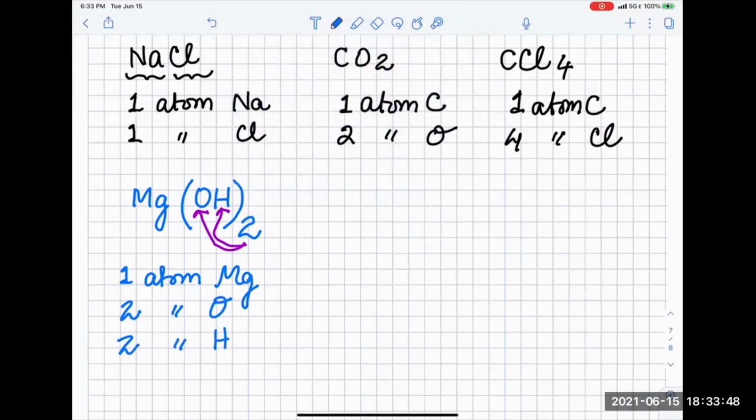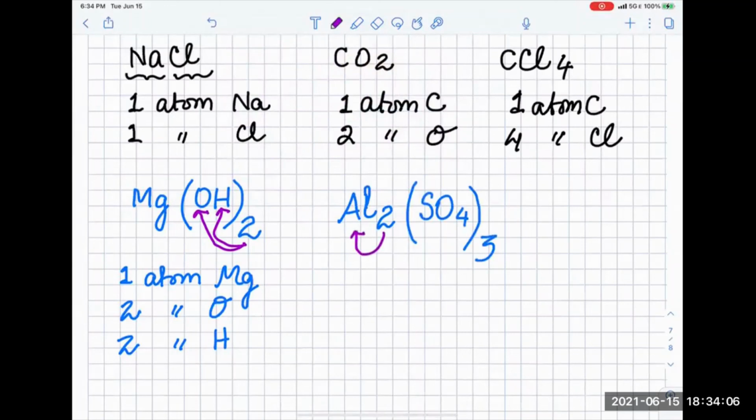You have Al2. Al is aluminum, brackets SO4, the whole thing thrice. What does this mean? This means that this 2 applies to aluminum. So there are 2 aluminums. This means 2 atoms of aluminum.